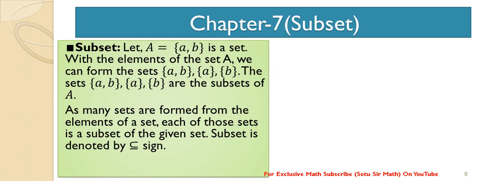As many sets are formed from the elements of a set, each of those sets is a subset of the given set. That means from these two numbers we get 4 sets, because every element between the brackets is a set. So with 1, 2, 3 we get 3 sets.